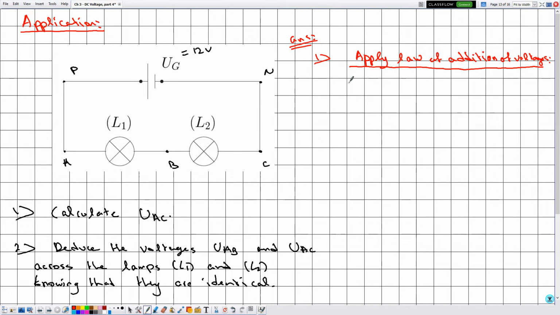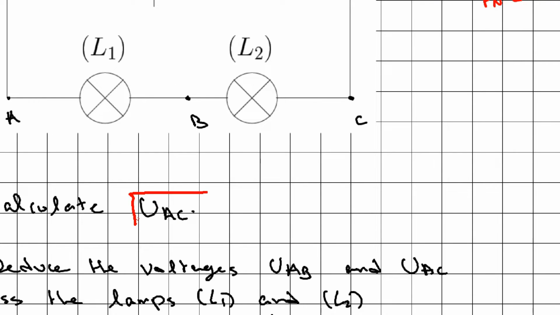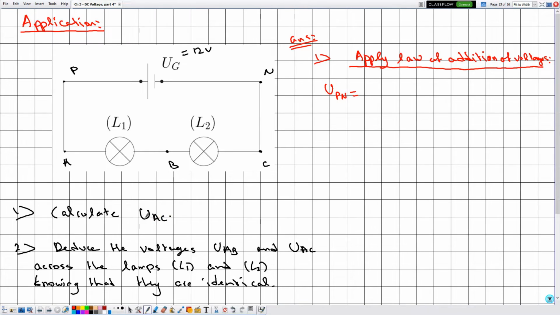Then how do I apply this law? Always on the left, the voltage of the battery, which is given by UPN. And on the right hand side of this equation, we'll go from the point P to the point N across different electric components, keeping in mind that we require that UAC must appear in the equation because we are interested in determining or calculating UAC.